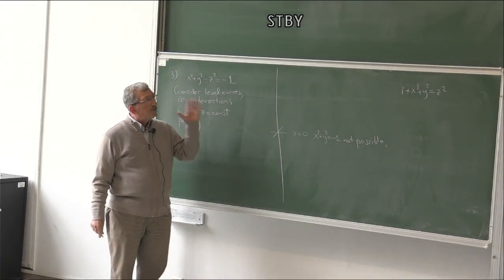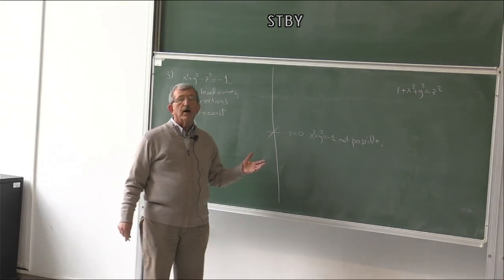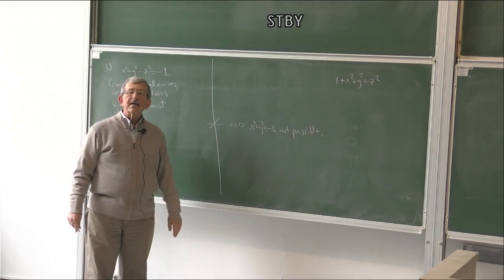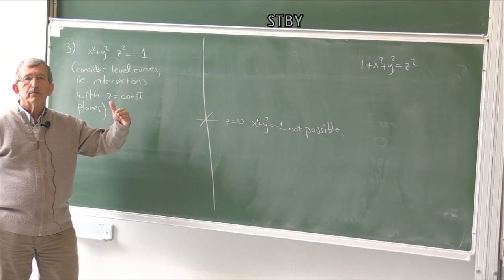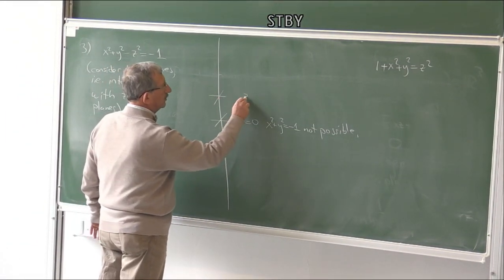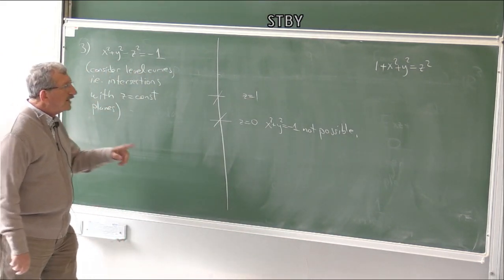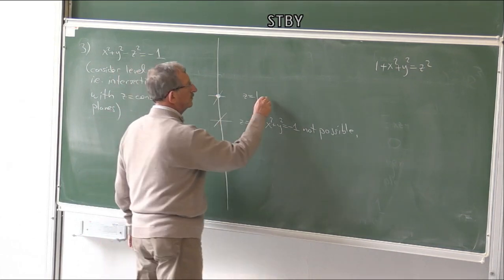It is 1 plus a positive number, so z squared is bigger than 1 all the time. Well, this means, because we have a square, z cannot be between minus 1 and 1, open interval. So the smallest value z can take is 1. When z is 1, clearly we have a single point.